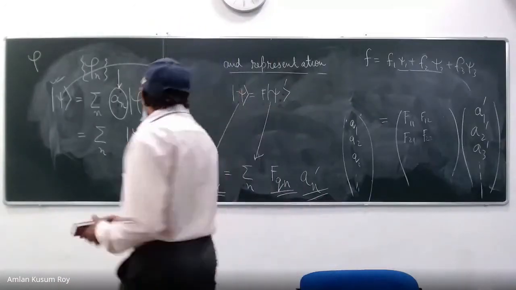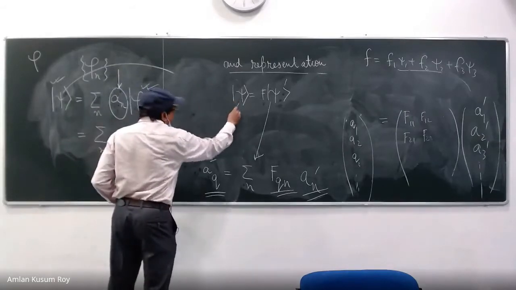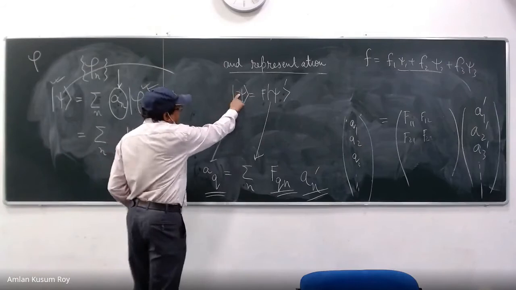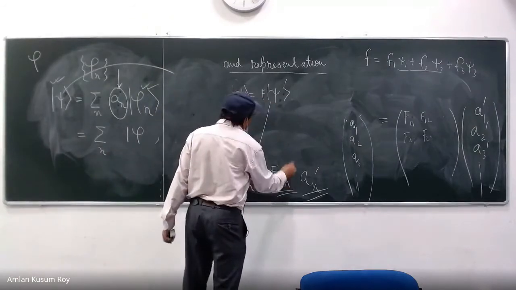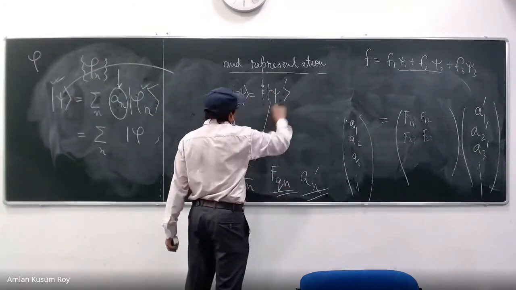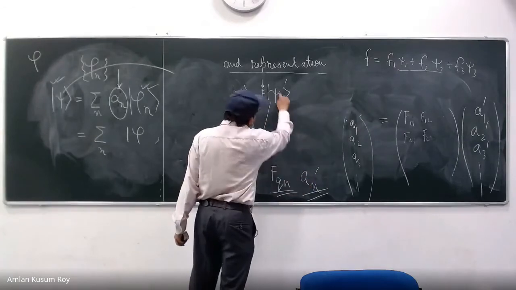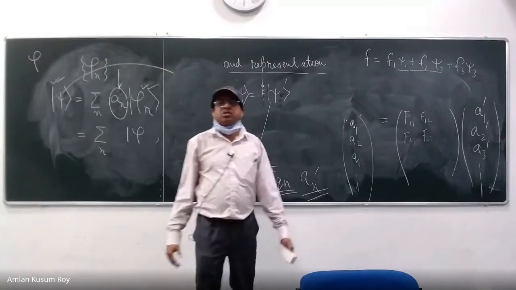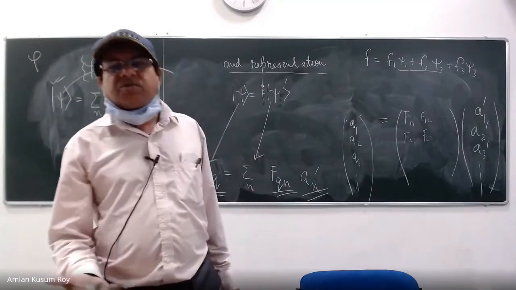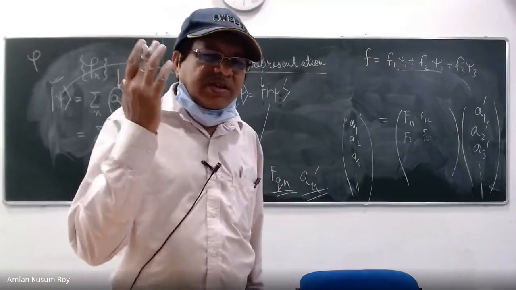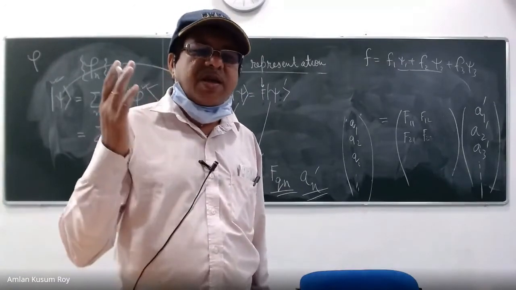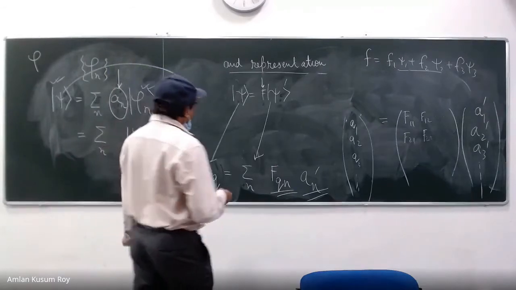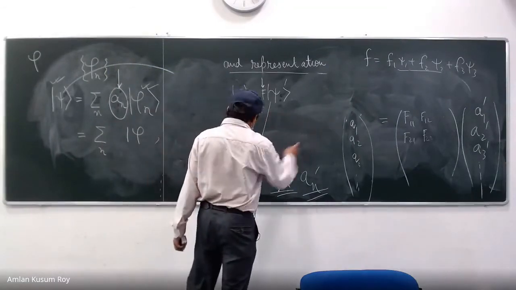This AQ is the fingerprint of the wave function. This is the fingerprint of the operator F. And this is the fingerprint of this psi prime. Everything is fine provided you specify a basis set, because everything is understood to be happening in this basis set, all your equations.